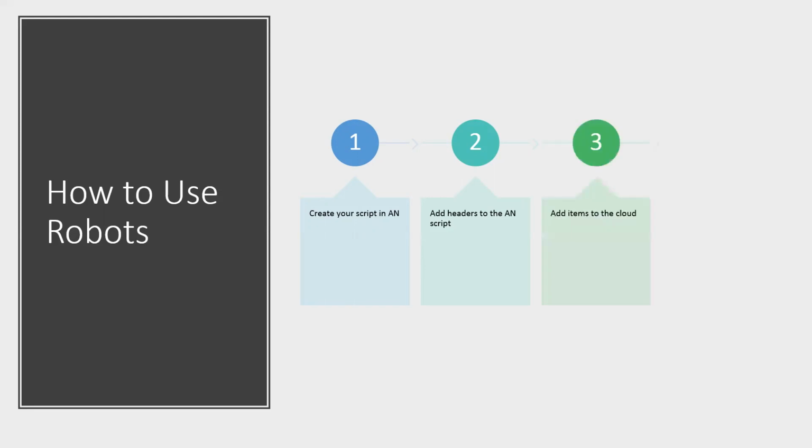Now, in step 3, we need to add items to the cloud. Now, let me explain. If we were working strictly with AN, only on our laptop, we didn't have access to robots, we didn't have access to AX, everything would be happening on our laptop. So on our laptop, we would have to have the data, the scripts, and every other possible thing we need, and of course the schedules, the Windows task schedules on our machine.